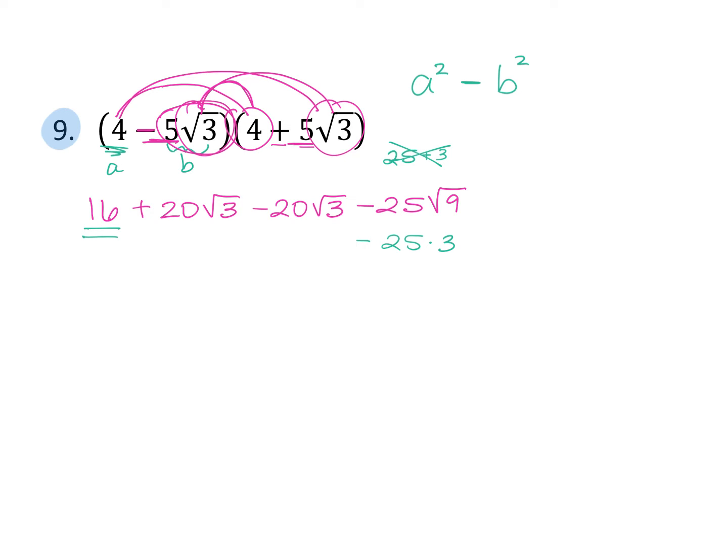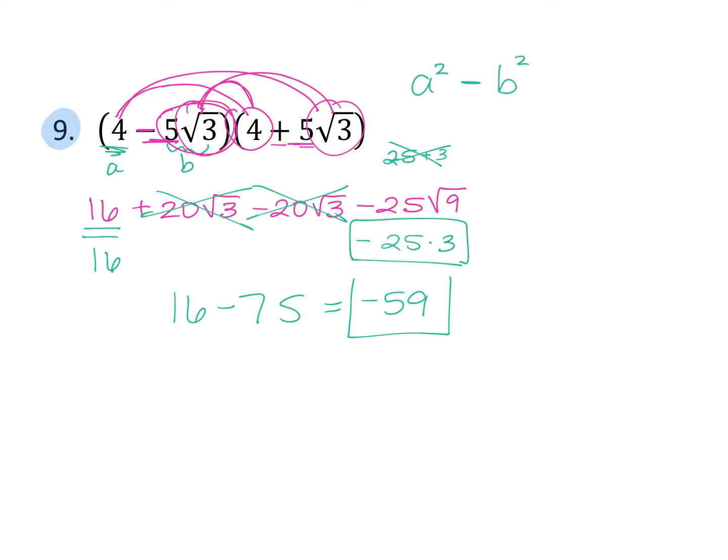Anyway, so you're going to take 16 minus 75, right? So 16 minus 75 is going to be your value. And when you do that, you get a negative 59. Okay? Good on that?